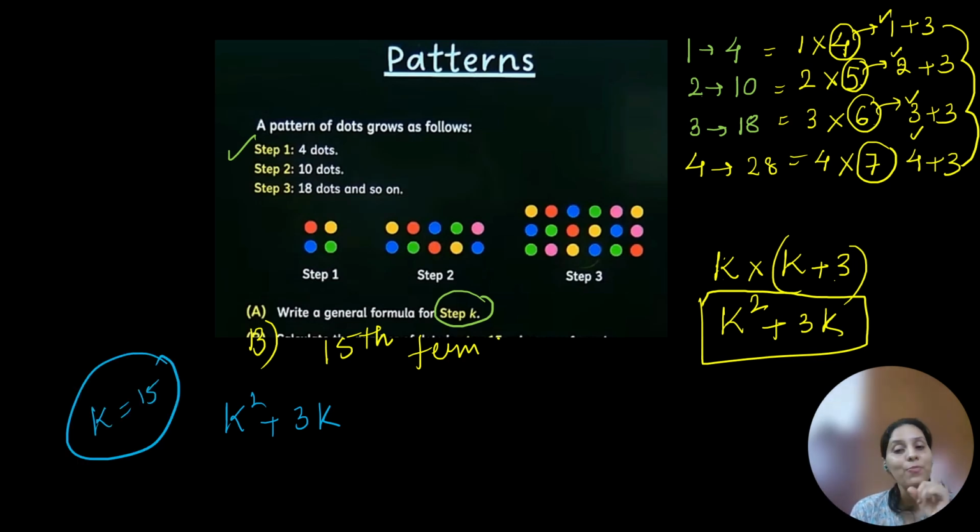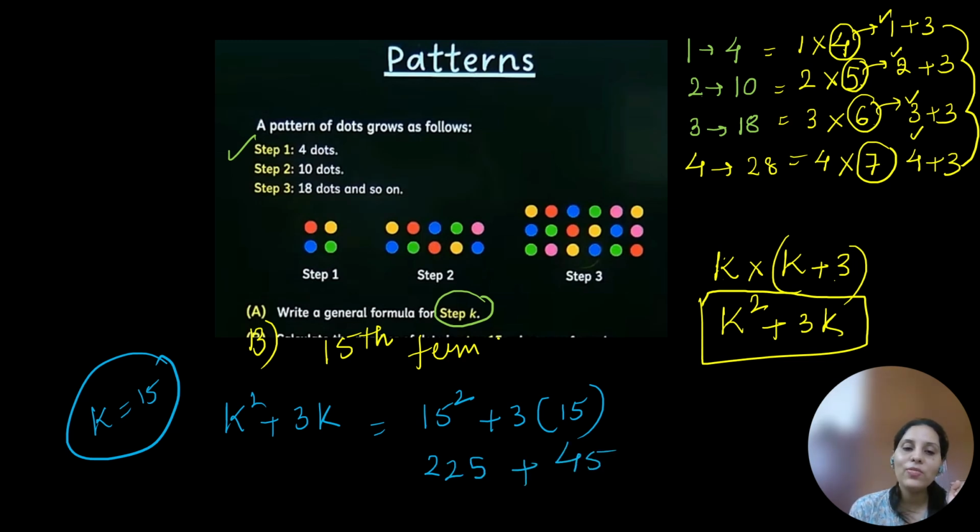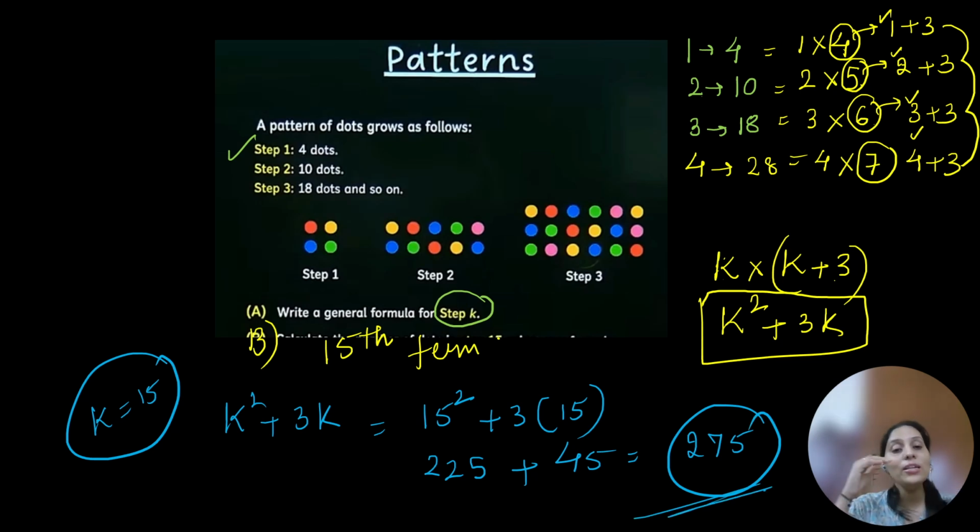So 15 square plus 3 into 15. 15 square is 225 plus 45, which will give me 275. Yes. So on step 15 you will have 275 dots. Because you cannot keep doing step 4, 28 dots, and so on, isn't it? So to find the formula, it is easier to find the number of dots in any step.